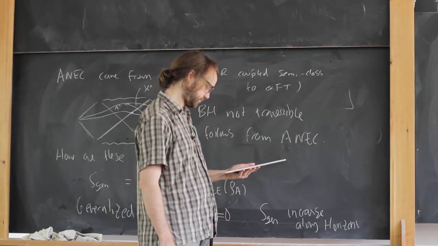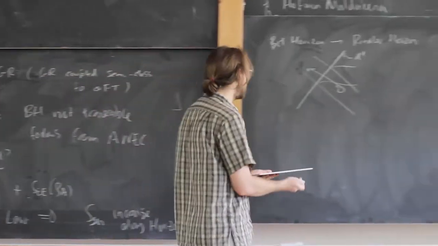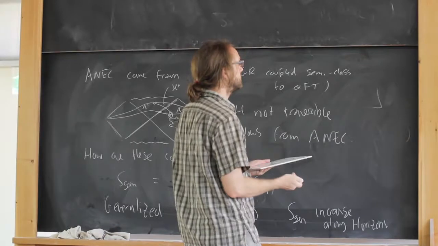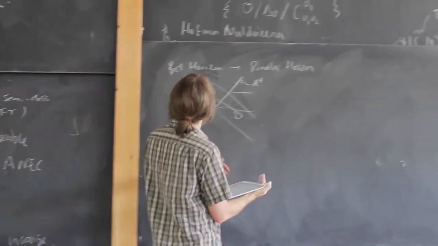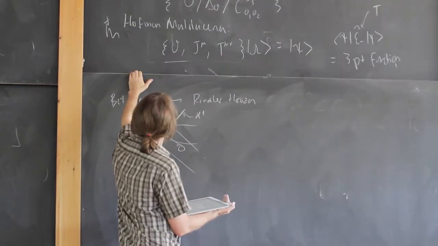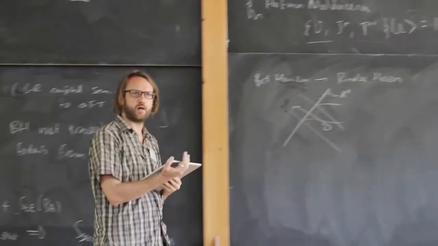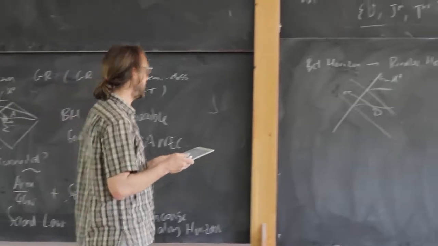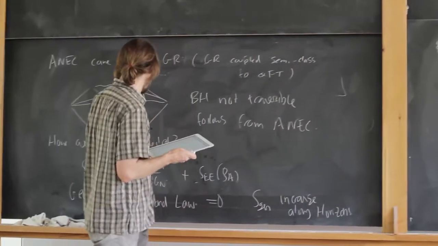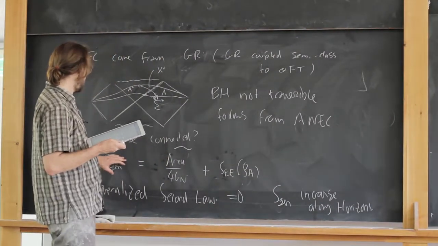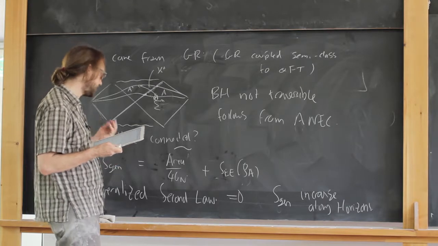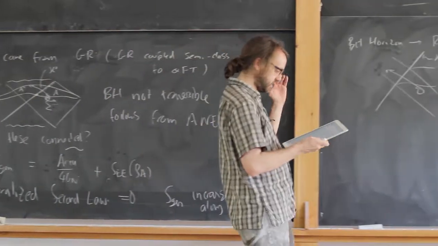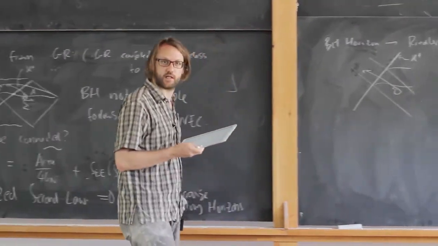Now it turns out that the statement of the half average null energy condition, in the semi-classical limit where I take the quantum field theory and couple it to gravity, can be interpreted exactly as the generalized second law.